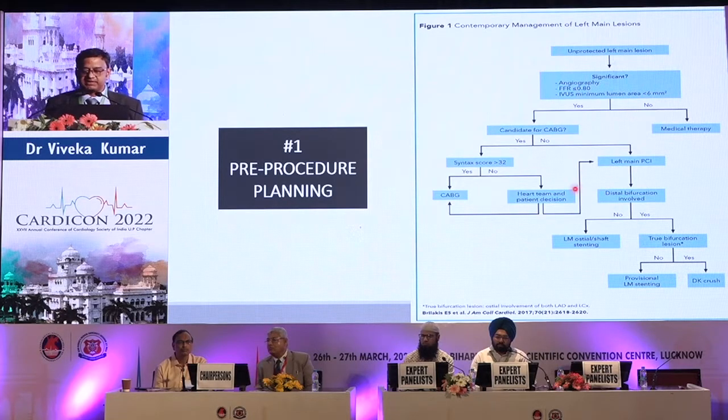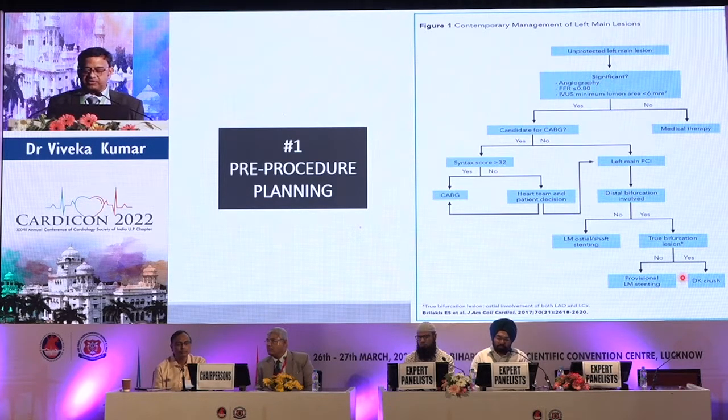If both the branches are significantly involved, then we need to have a good heart-team decision, and the interventional cardiologist should always ask whether the lesion is suitable for intervention. If it is not, then for distal left main, CABG is a better option.